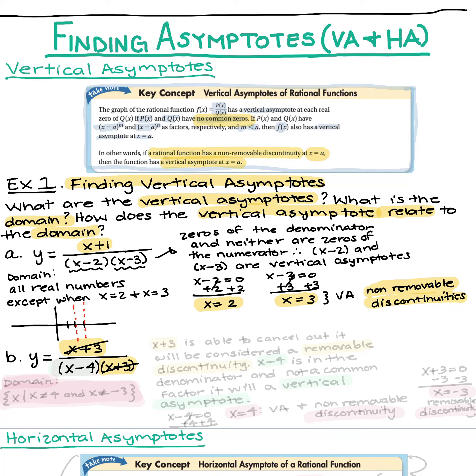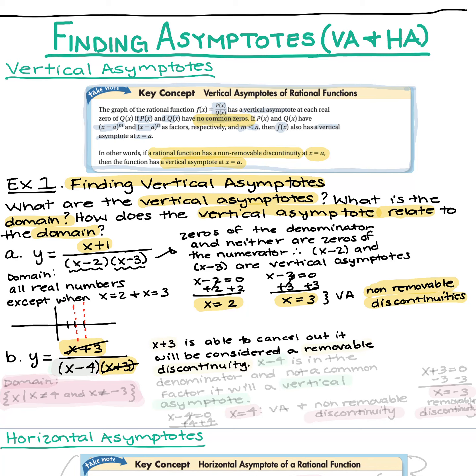So what that means is since the x + 3 is able to cancel out, it will be considered a removable discontinuity.